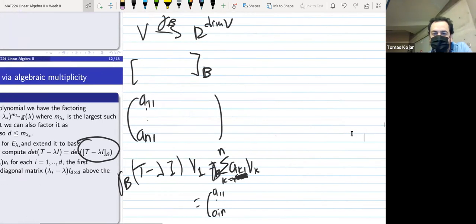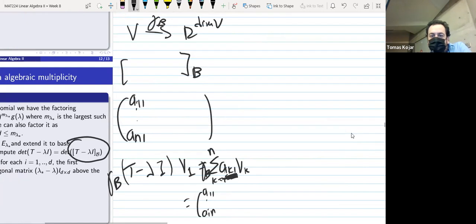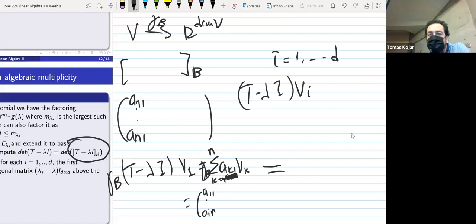So now let me ask you this. What is this actually for? Let me call this, what is T minus lambda I of VI for I equals 1 to D? So you do the same thing. But this is actually what? It's actually clean, super clean.